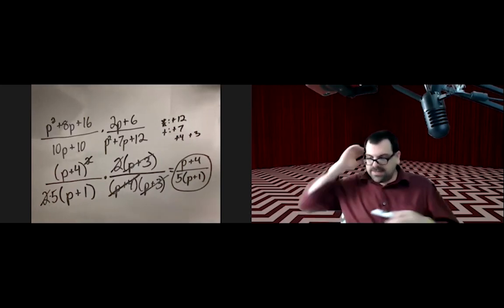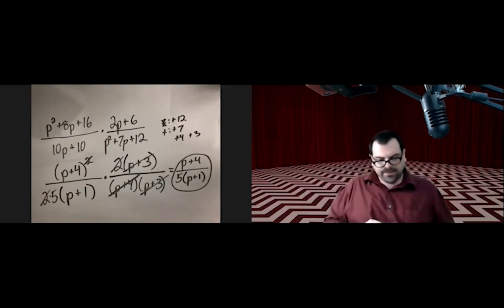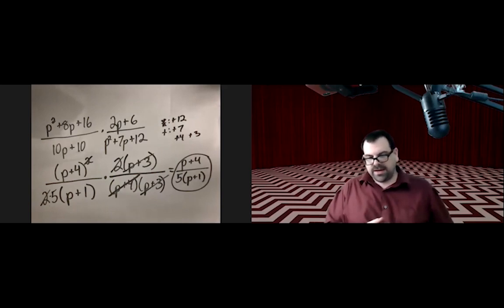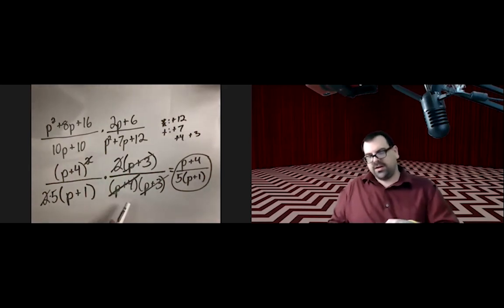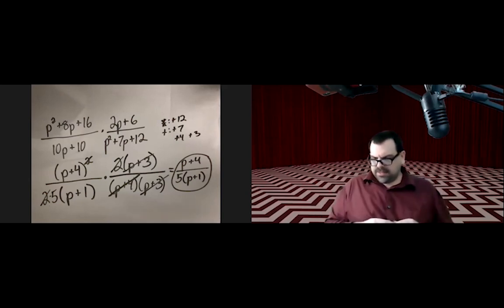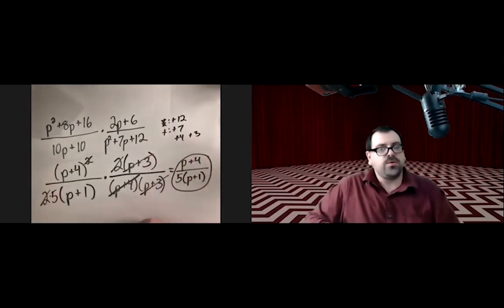And again, we won't need to mention that p can't be -3, that p can't be -4. But we do want to show the work so that when we look back, we can see, hey, we did factor, cancel a factor of p plus 4 in the bottom. Why would we keep these things in mind? Well, let's say this was part of an equation.